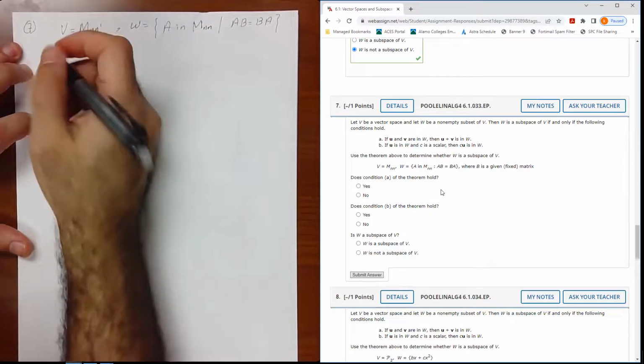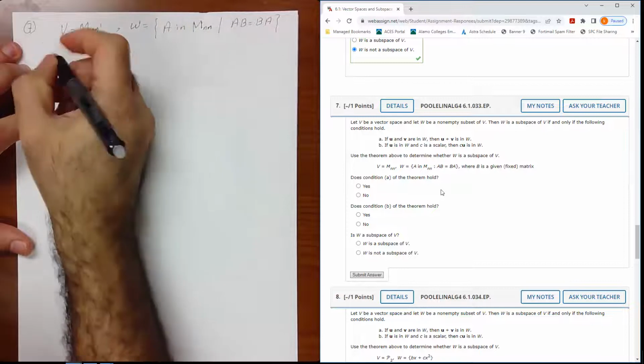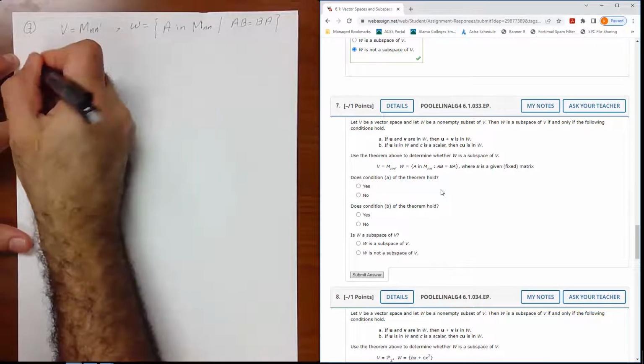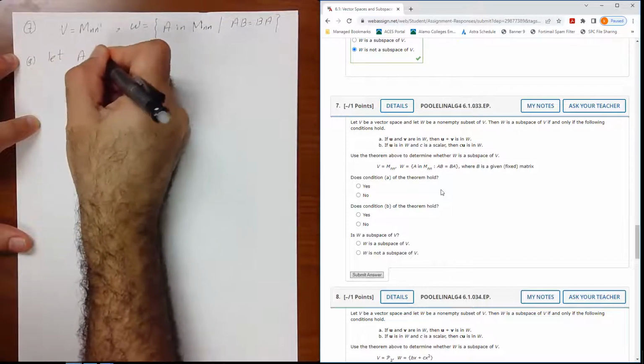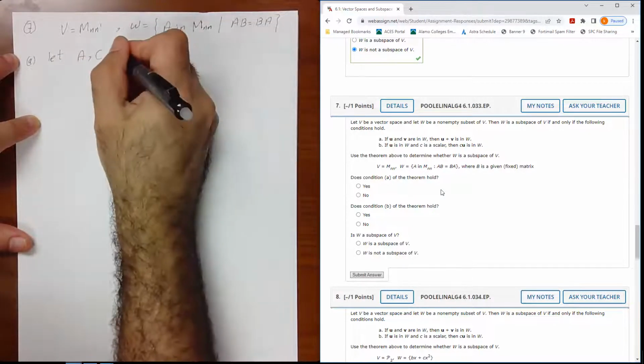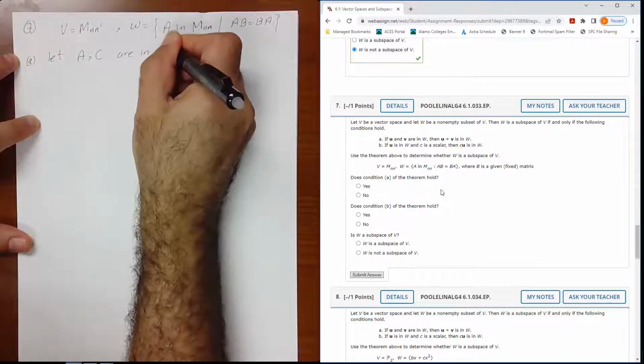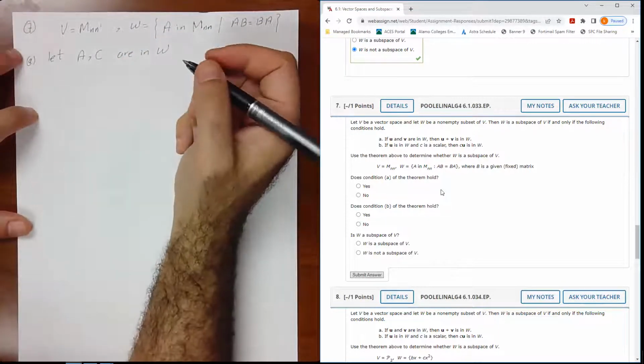We're going to assume that two matrices A and C are in W. Let's work on the first condition.